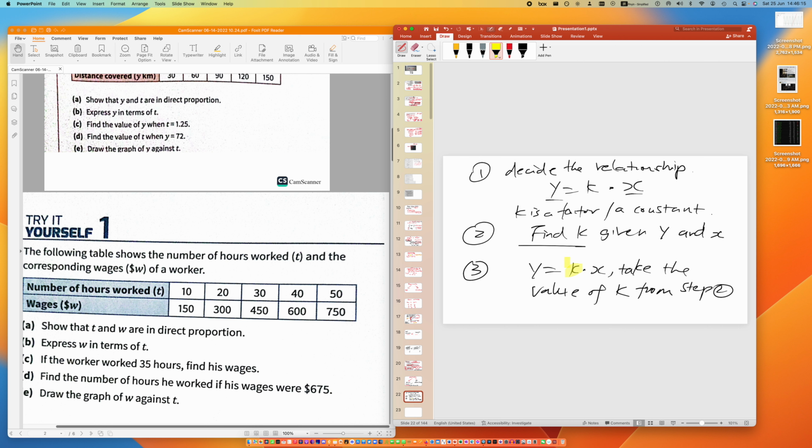How to show direct? Just look at T and W lah. Both up, both down, direct already. Simple, right?